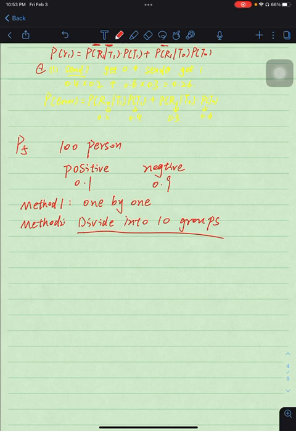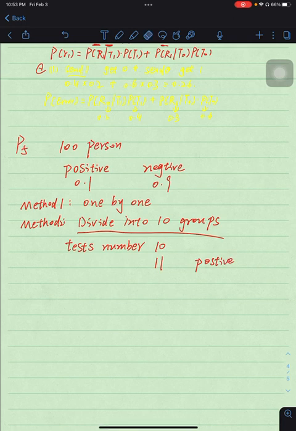So the test number may be 10, 10 means no one is positive, in max 10 blood tests, and the number is 11.